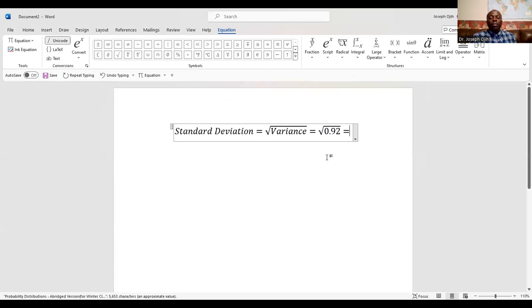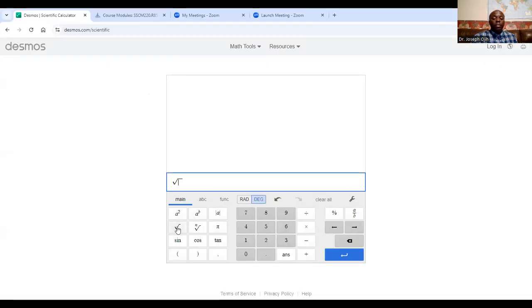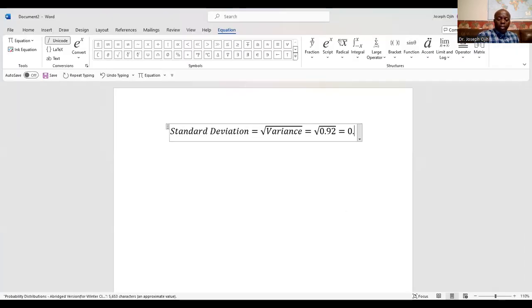Equals, let's get it from the calculator. Square root of 0.92 is 0.9591166, and so on. Rounded, that is 0.96.